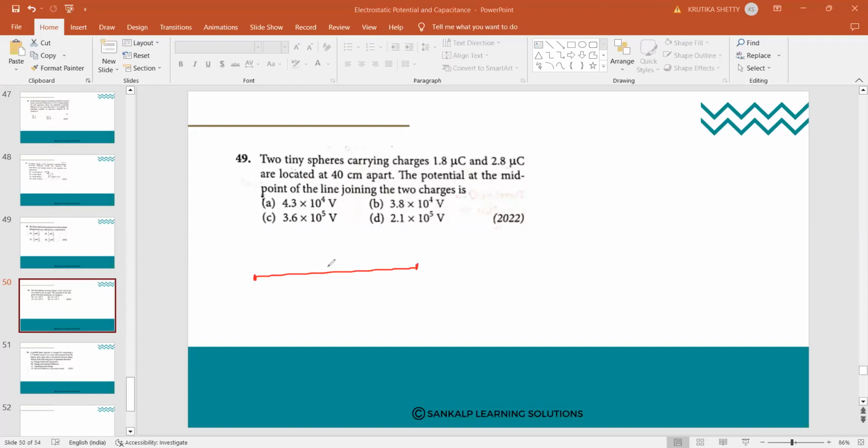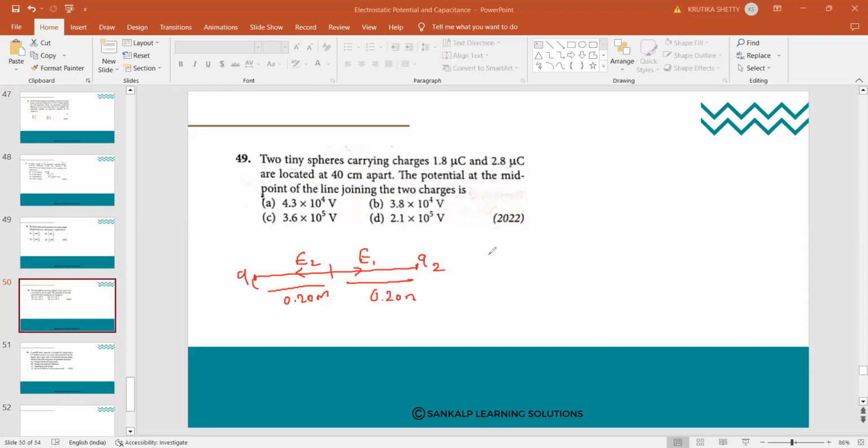They are 40 centimeter apart, and the center is at 20 centimeter, that is 0.20 meter, from each. The electric field is along this direction and along this direction, E1 and E2. This is Q1 and this is Q2.